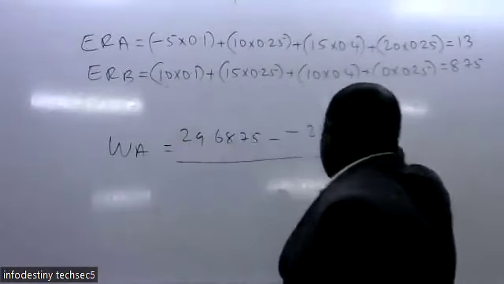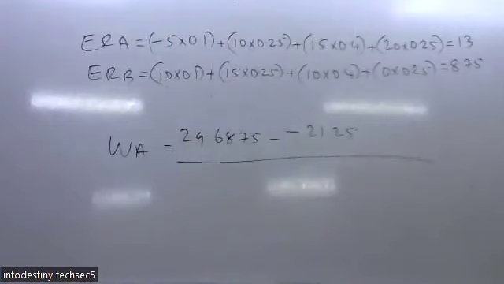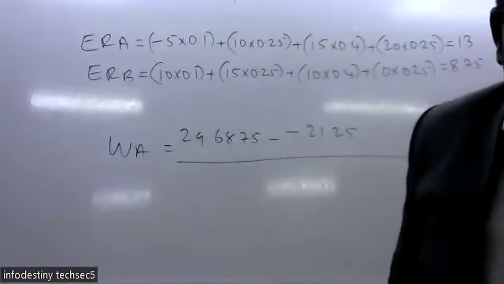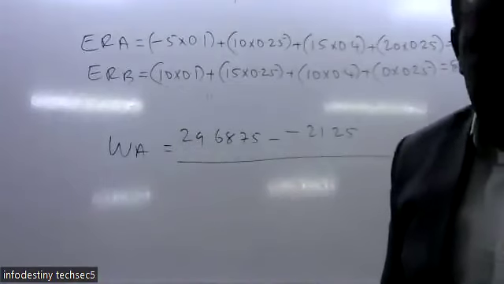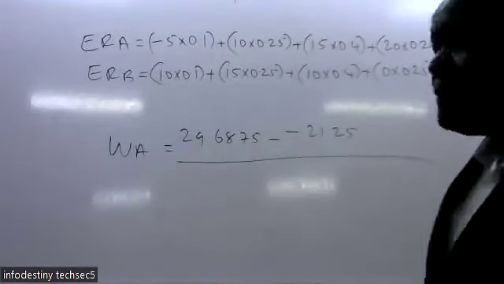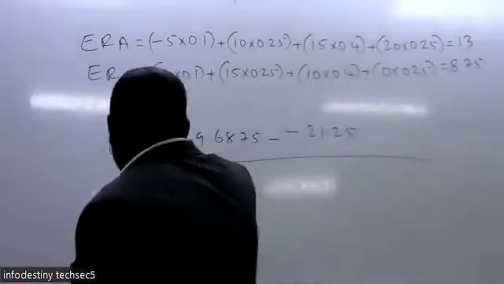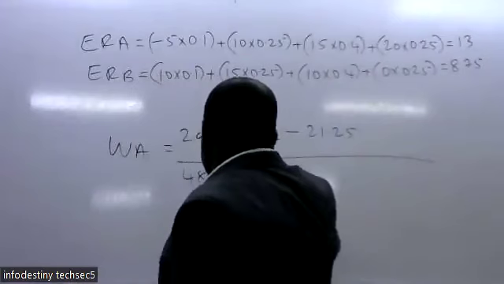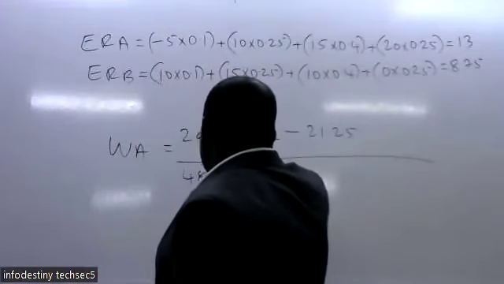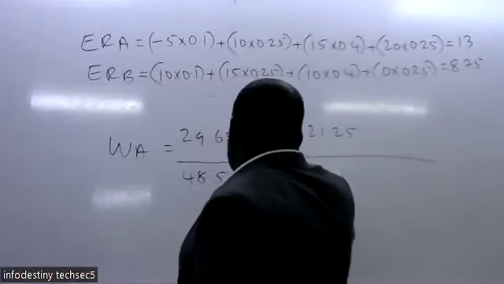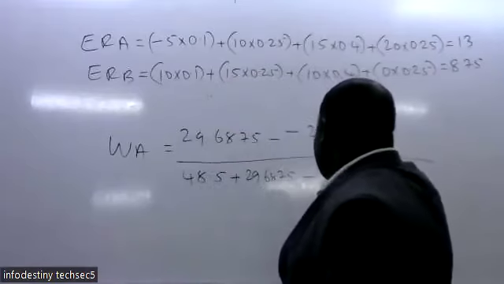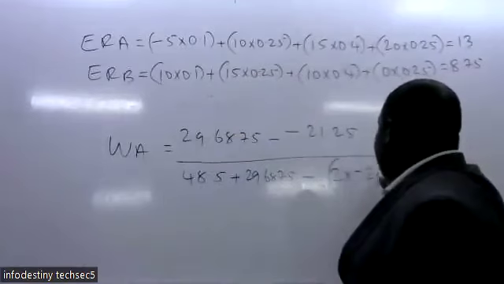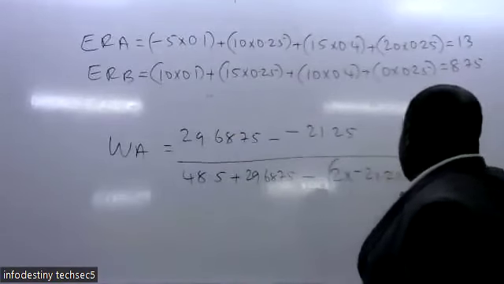Then we divide by the variance for A. The variance for A, you got 48.5.